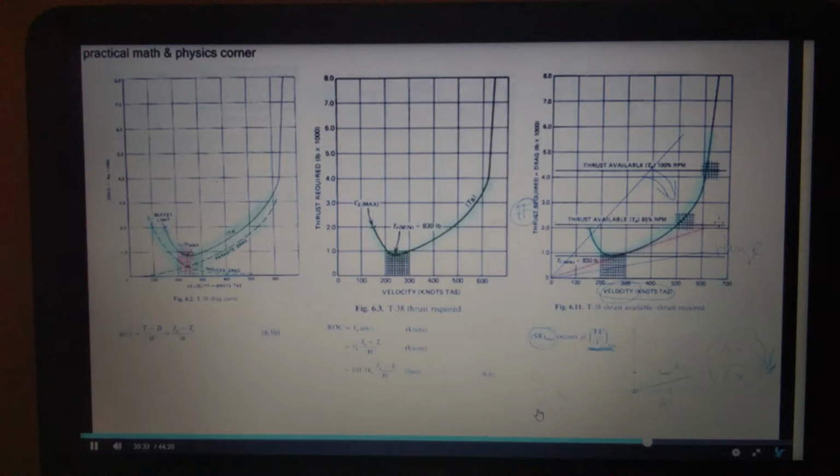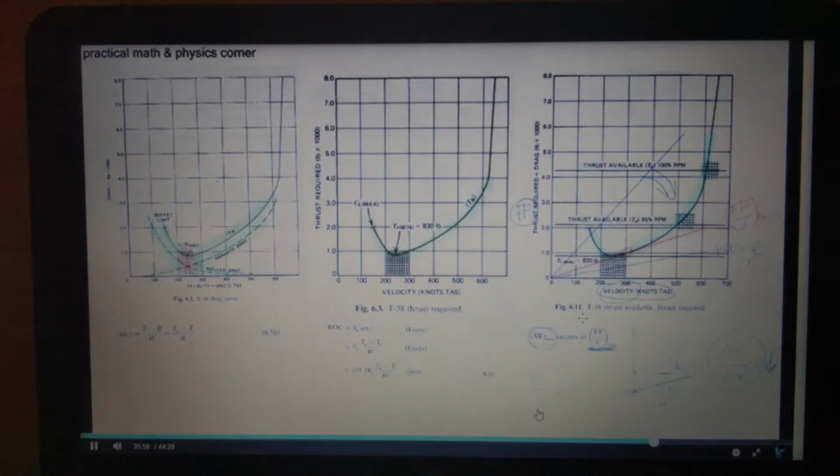So the lowest we can get that slope to go, that fuel flow over velocity minimum, that's basically a tangent that we draw on our thrust required curve. And based on that tangent, there's an intercept point here somewhere.